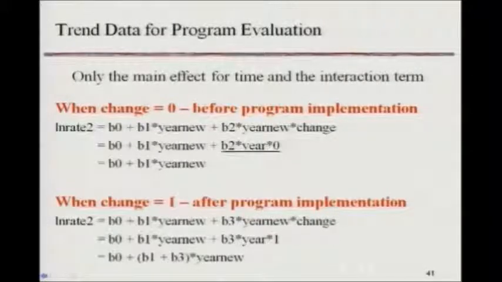So in this context, I can have a model that has interaction terms in it, but not both main effects, because that's going to get us to, look, no change in the intercept here. The intercept stayed the same, but only a change in slope. This is just a one group comparison, remember.